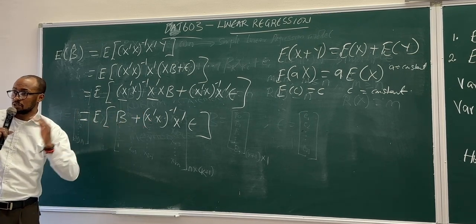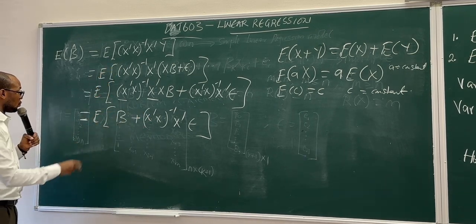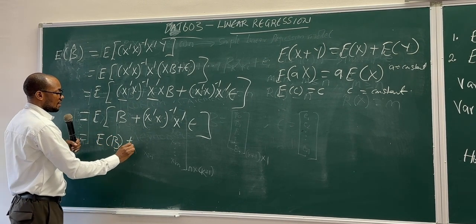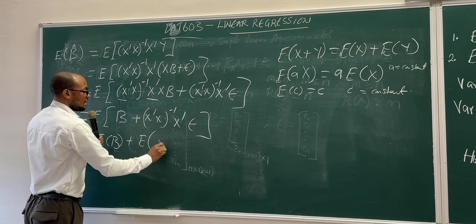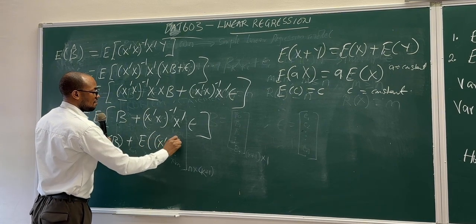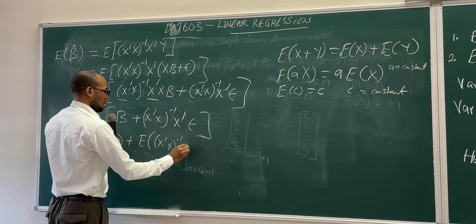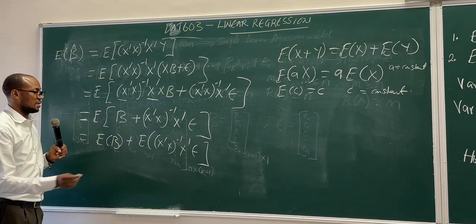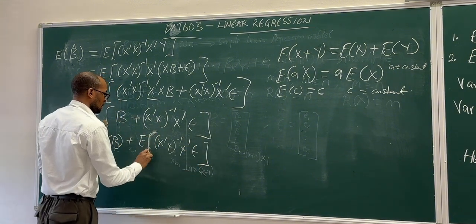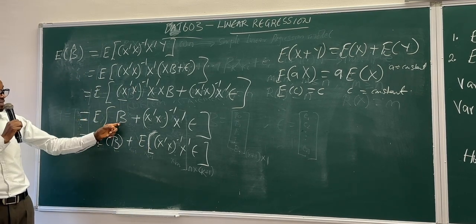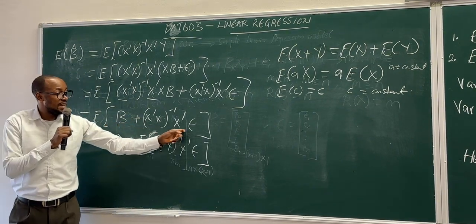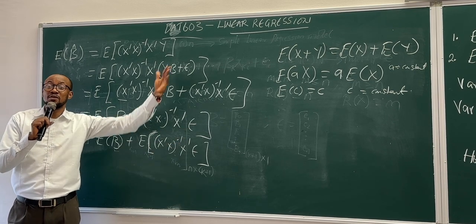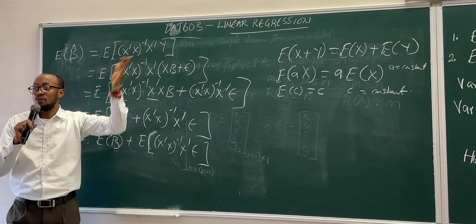So let's find the expectation of this now. Using that rule, it's going to be the expectation of beta plus the expectation of x prime x inverse x prime e. Does this make sense? It's like saying beta is x and everything here is y. So the expectation of x plus y is equal to the expectation of x plus the expectation of y.